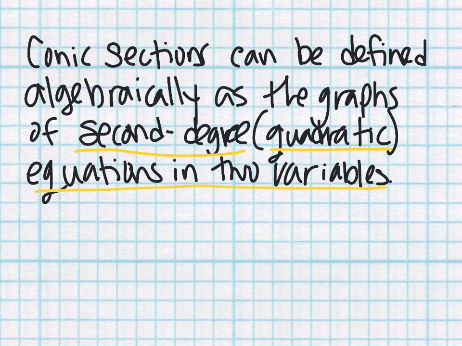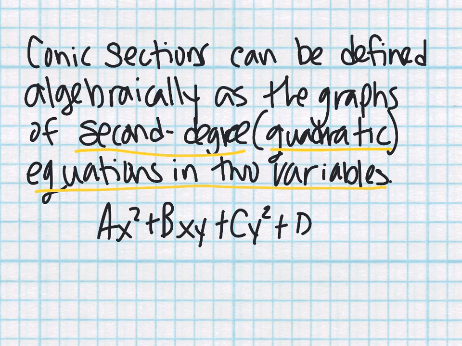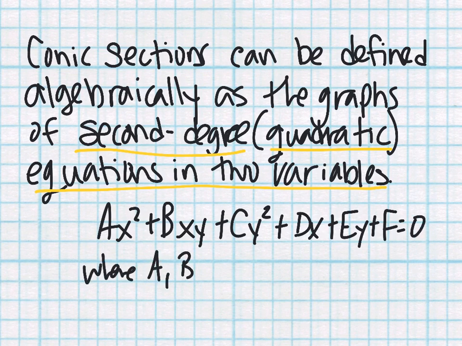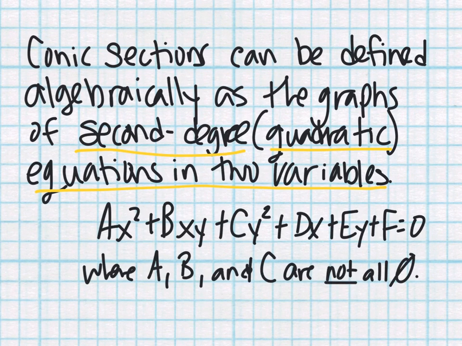So that means their equations are going to have the form ax squared plus bxy plus cy squared plus dx plus ey plus f equals 0, where a, b, and c are not all 0. So you can have one of them 0, but they can't all be 0.